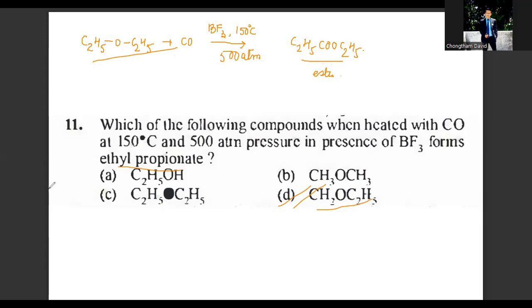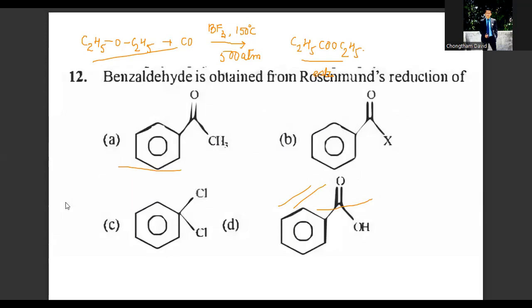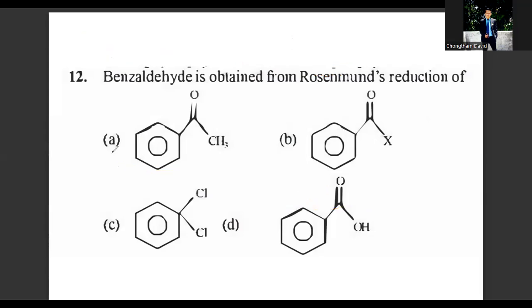Question number 12. Benzaldehyde is obtained from Rosenmund's reduction. This is a concept based question, very easy. Which will be the correct answer? It will be option B. Next, question number 13.